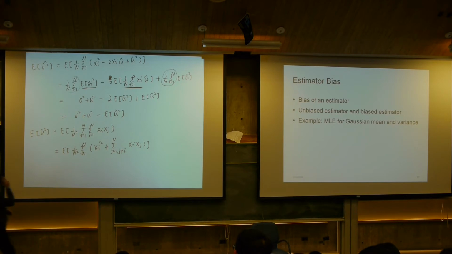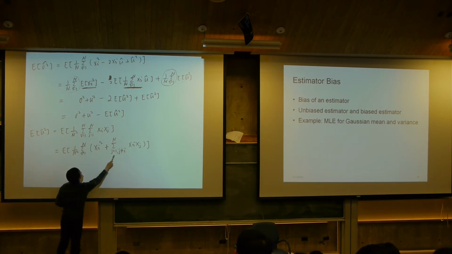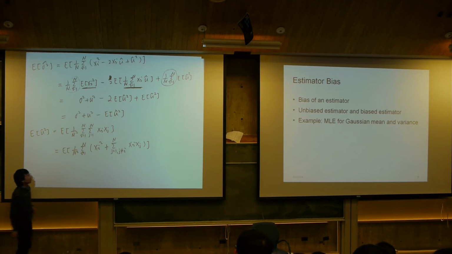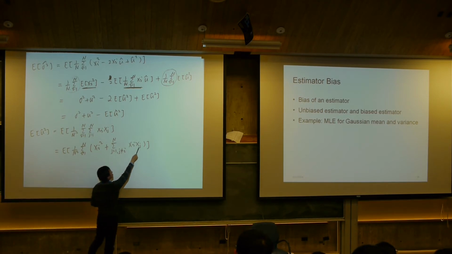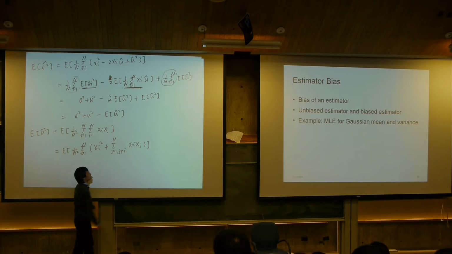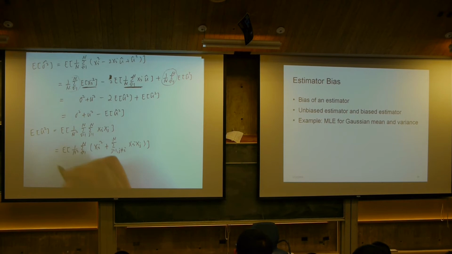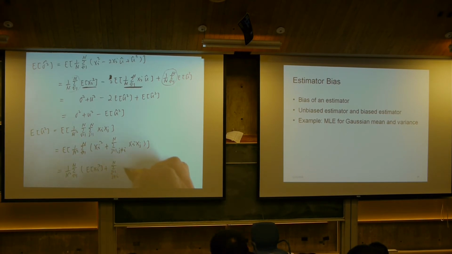We decompose this part into something like this. On this part here, i and j are different. So we move the expectation inside. We get 1 over n squared, the sum over i equals 1 to n of expectation of xi squared, plus the terms where j does not equal i.